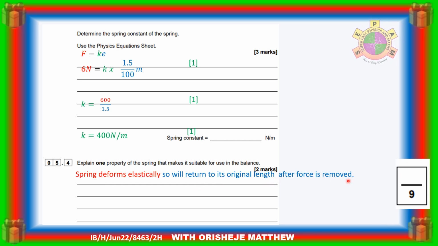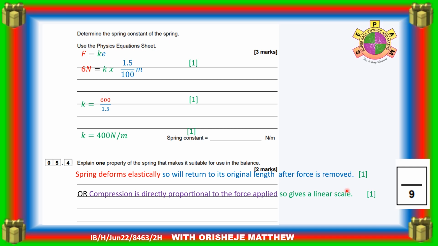And the compression is directly proportional to the applied force, which is now used to produce a linear scale. So these are just the two basic properties: the elasticity of the spring and the proportionality of the compression. If you can state those two major properties, you have the 2 marks awarded. With this, we have finished considering the 9 marks awarded to question 5.